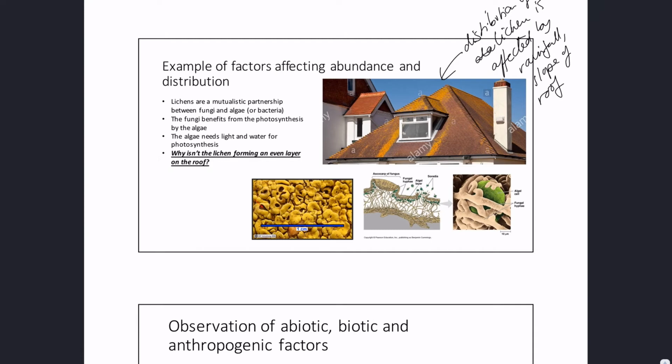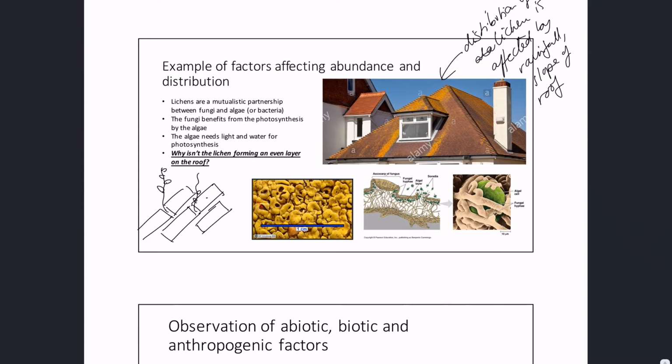So when we look at other things, let's say we have some tiles like this on the ground. So this is someone's driveway. And what we see is usually the plants that first colonize this area, why don't they grow on top of the tile?